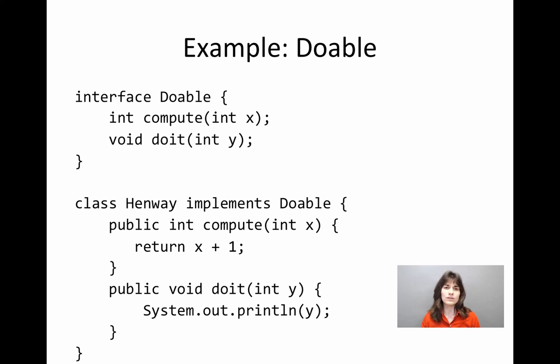That would count as an implementation of the doIt method. This is not to say that this is what we should do every time we want to implement an interface, but there are cases where a class does not actually need all of those methods.